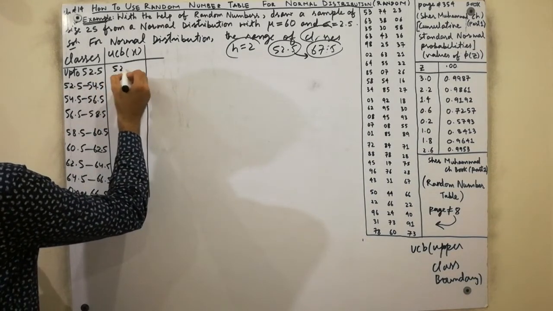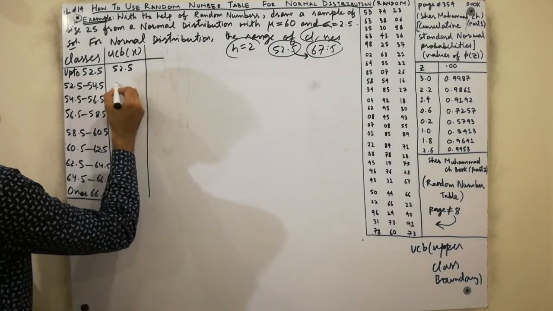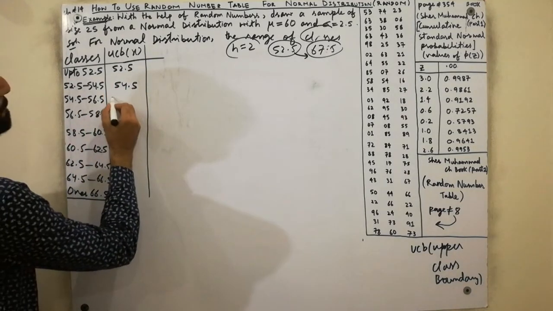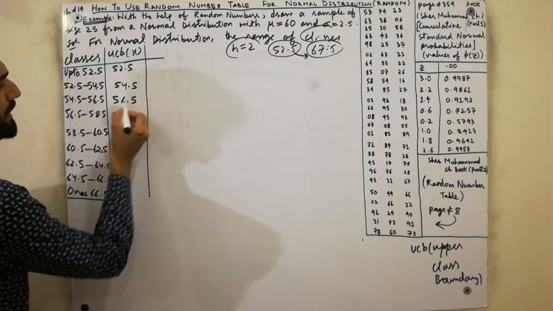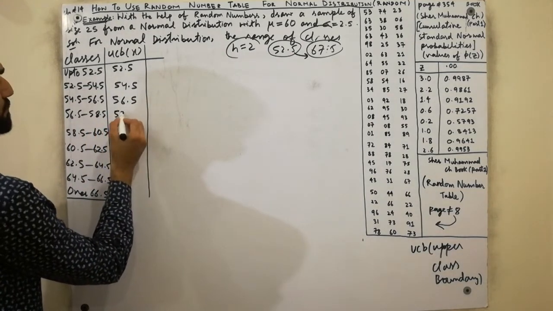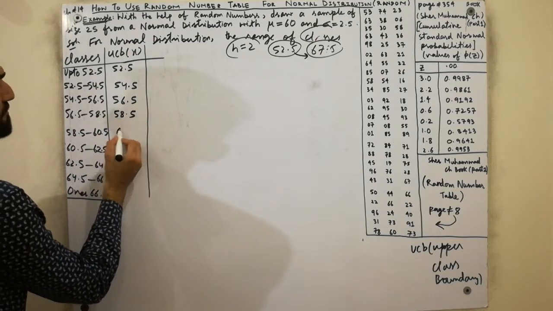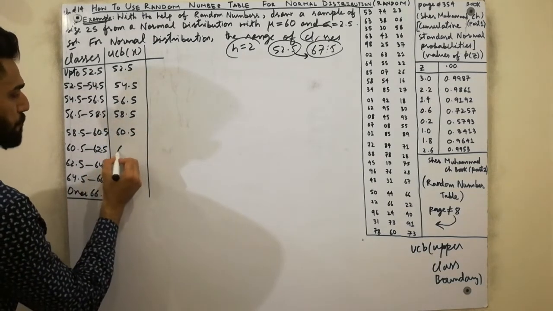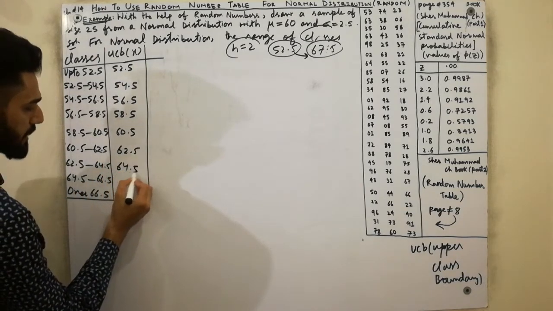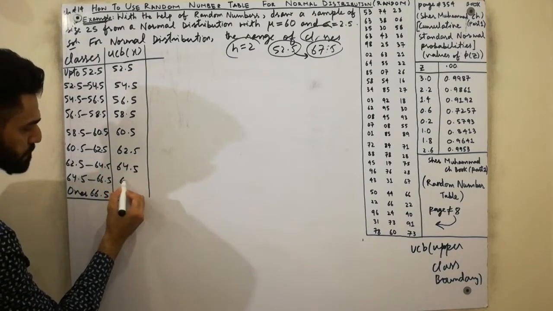52.5, 54.5, 56.5, then the upper class boundaries 58.5, 60.5, 62.5, 64.5, and last is 66.5.